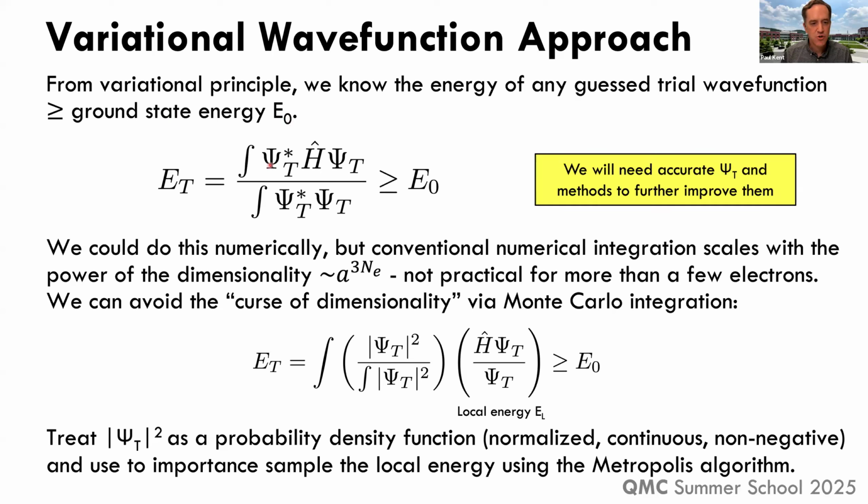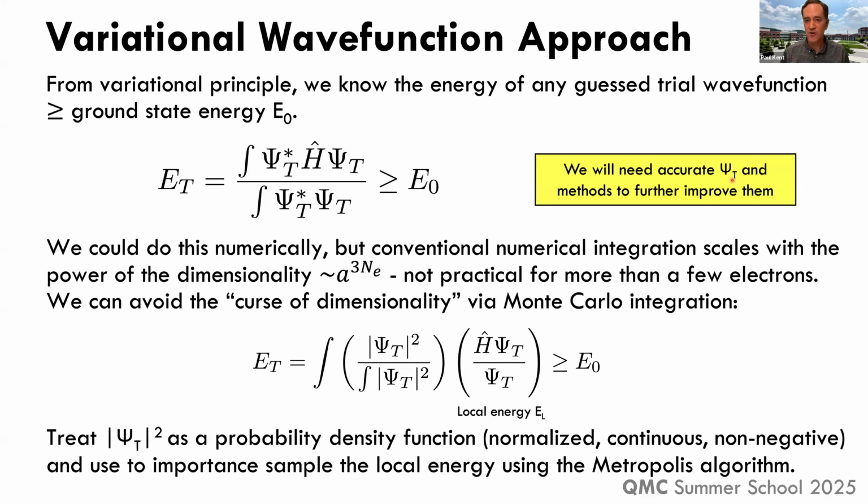So we take a trial wave function, psi T, take the expectation value of the Hamiltonian and normalize it. This gives us an energy, and that energy must be above or equal to the ground state energy E0. Since we're exploiting this, it should be immediately obvious that we're going to need accurate trial wave functions for this and good methods to further improve them.